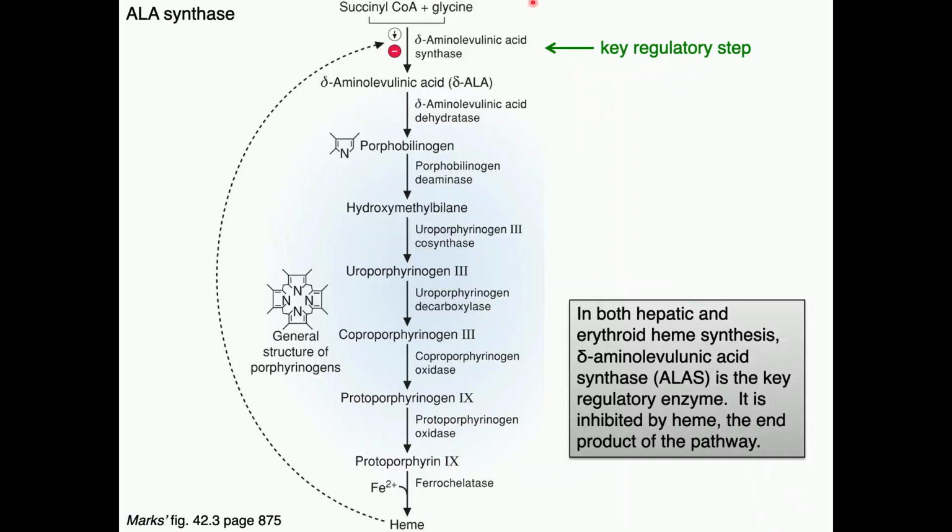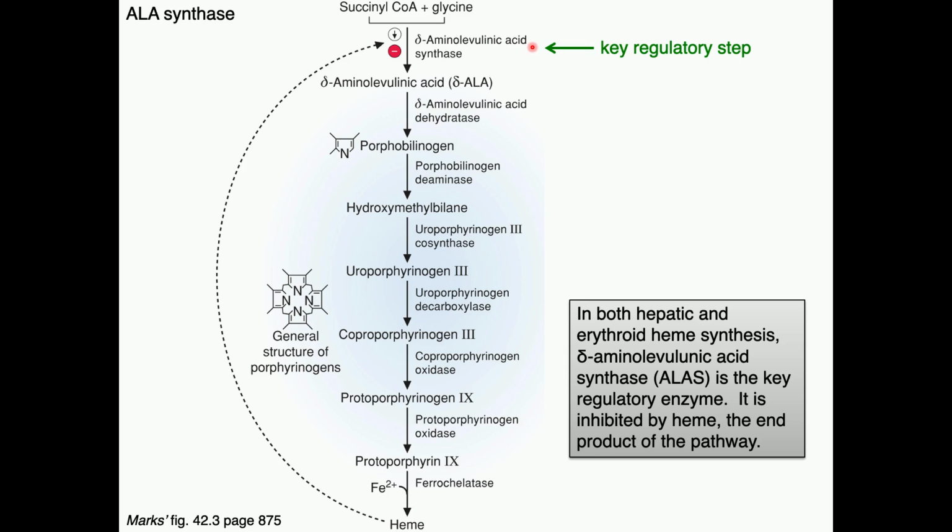Okay, so aminolevulinic acid synthase, this is the key regulatory step, the rate limiting step for heme synthesis both in erythroid precursors and in hepatocytes and other tissues that synthesize heme. So the aminolevulinic acid synthase is under negative feedback regulation from heme, the final product of the pathway.